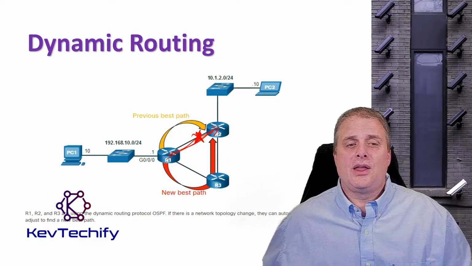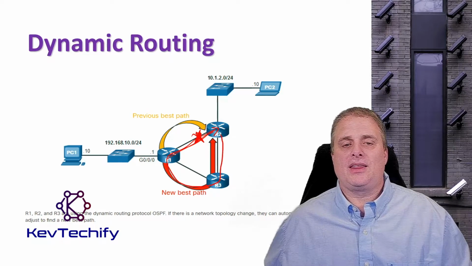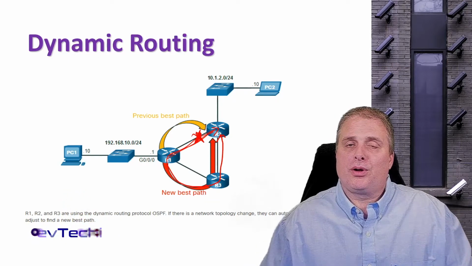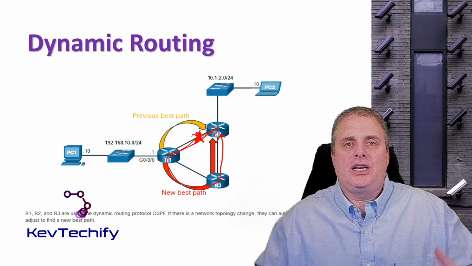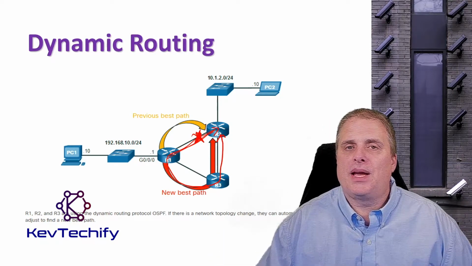Once it does that, it no longer can use this best path, but there's an alternate path. And that alternate path then becomes the new best path, and it's able to pass that data through. So dynamic protocol has the ability to change in response to network changes, still getting you the best route possible.